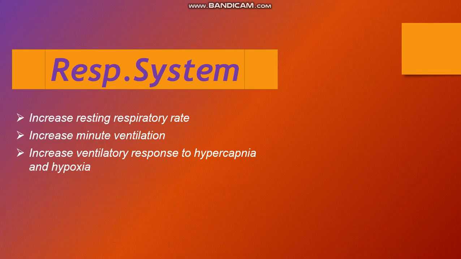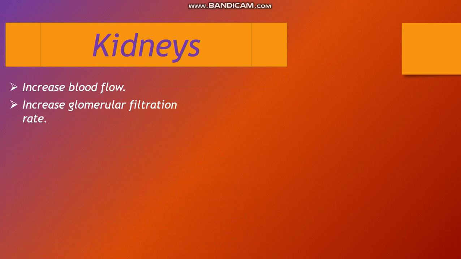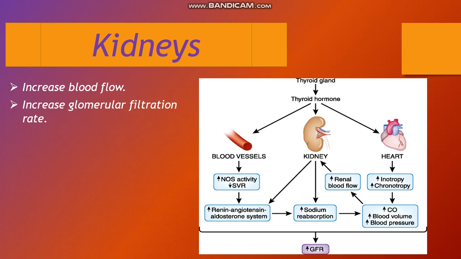Respiratory system, increased resting respiratory rate, increased minute ventilation, increased ventilatory response to hypercapnia and hypoxia. While kidneys, you're looking here, increased blood flow, increased glomerular filtration rate. Thyroid hormone acts on the heart, inotropy, chronotropy, increases the cardiac output, blood volume, blood pressure.